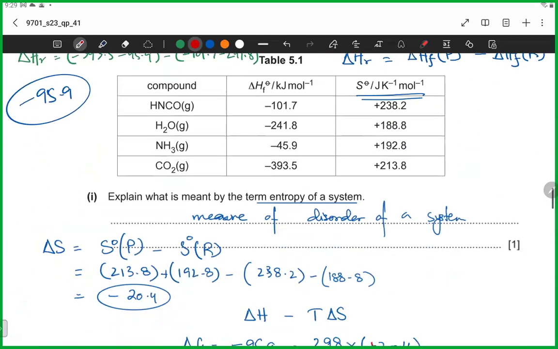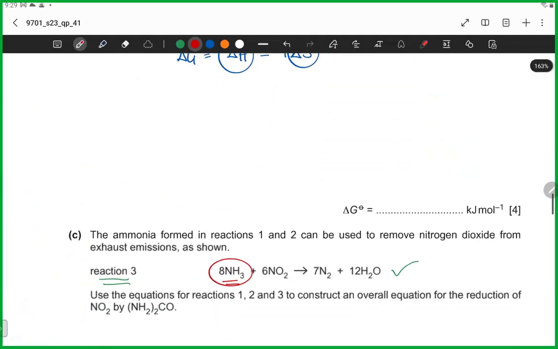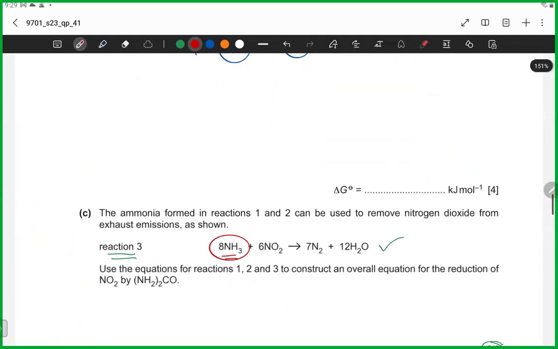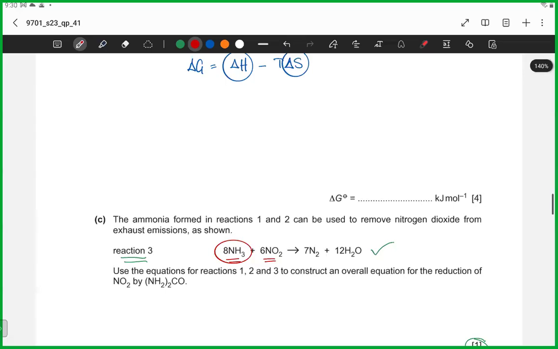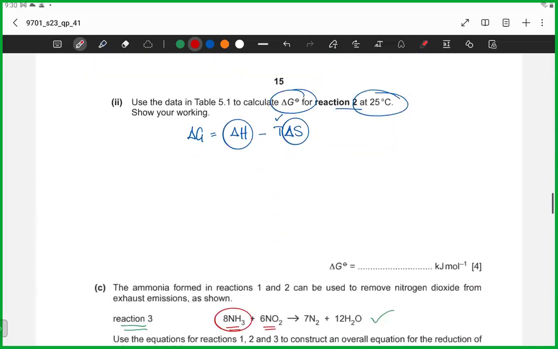And then finally, those 8 ammonia molecules react with NO2, and they eventually turn into N2 and 12 H2O. So now what I need to do is balance the 3 equations simultaneously. Is this clear? Why I did 4 over there and 4 in the second one? Is this clear?